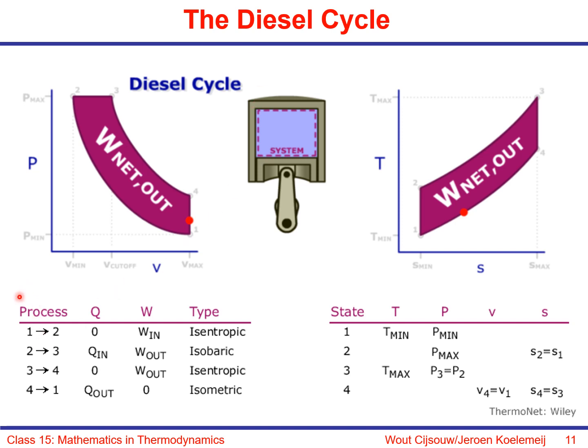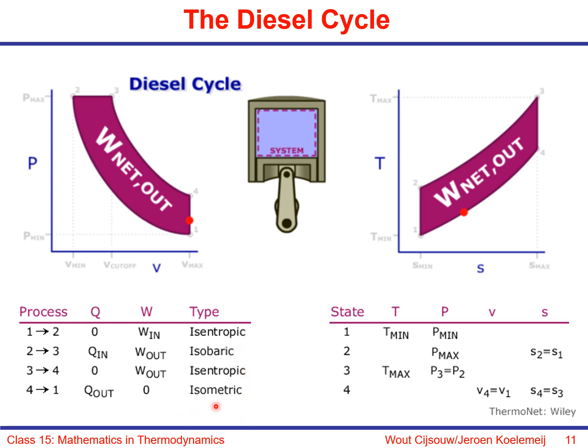And below here there's a table. The table to the left describes for each sub-process of the cycle what happens to the heat, whether heat is added or taken out, whether work is provided or work has to be provided to make it work, and the type of process: isentropic, isobaric, isentropic, and here you see isometric.